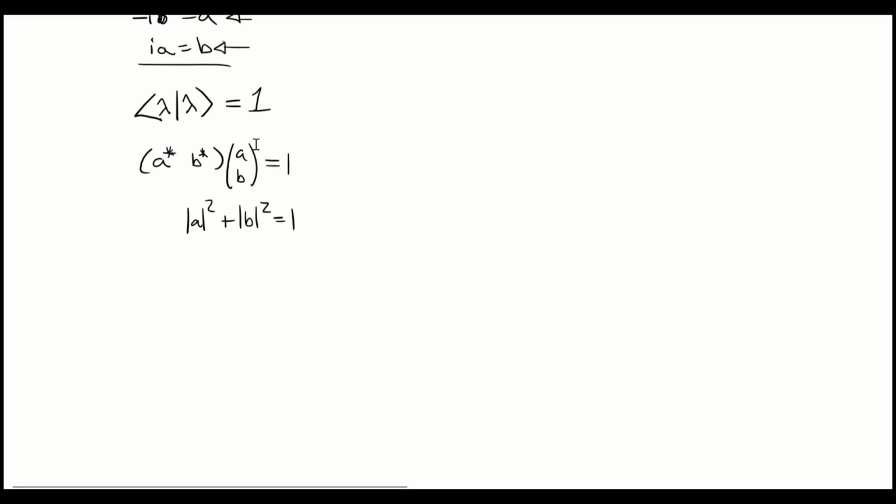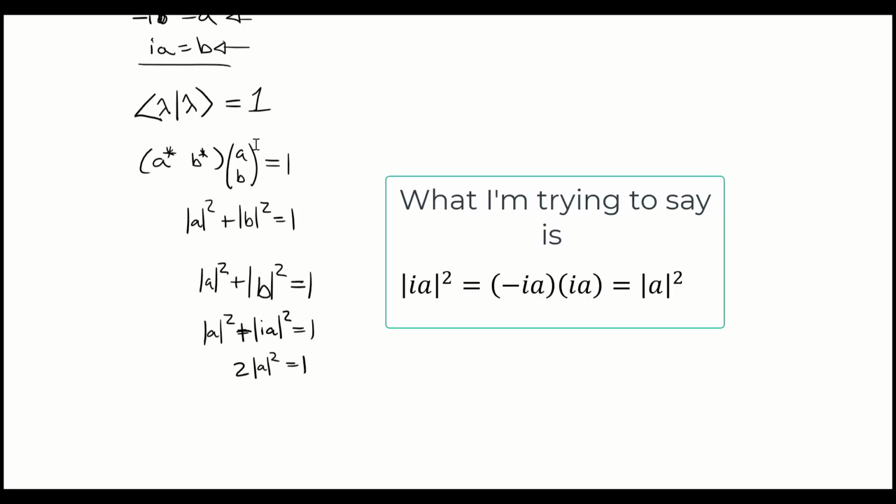If we plug that in for b, we end up with a squared plus, this ends up being i a squared, sorry, plus the magnitude of i a squared is equal to 1, which is just 2a squared is equal to 1, because the i in the complex conjugate of i a comes out.